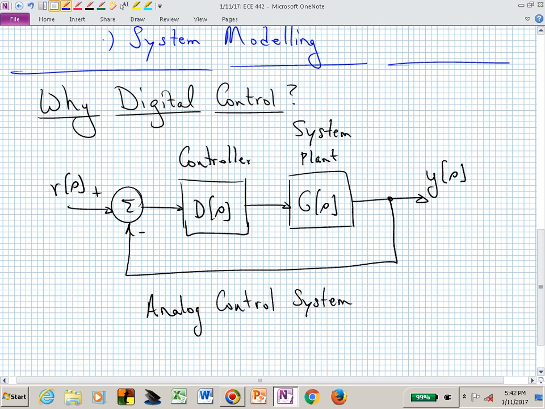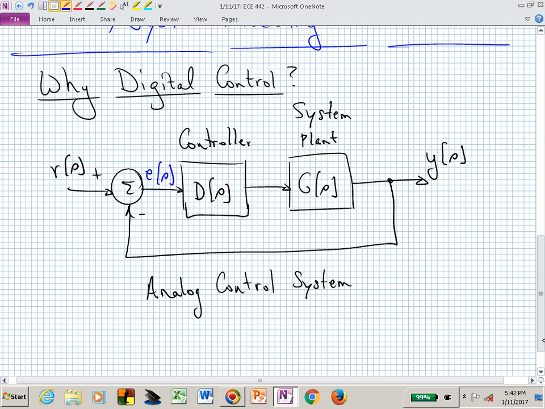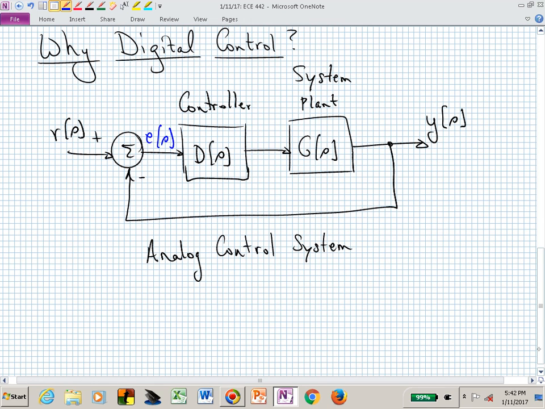And here is a signal that we've identified in earlier classes as the error signal, the difference between the reference and the output. What we may want to get around, or what D of S, this analog controller, might be susceptible to now, is what I want to list, and that's now trying to motivate why we might study this class, which is digital control.